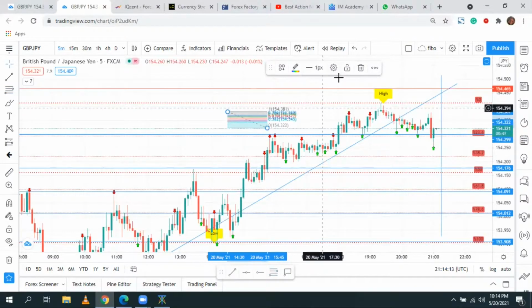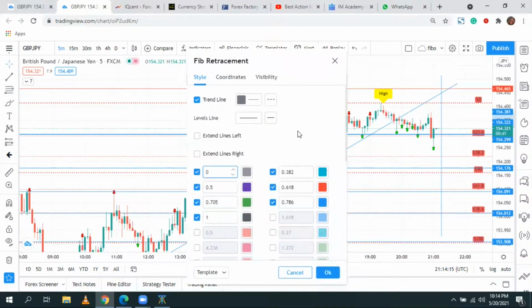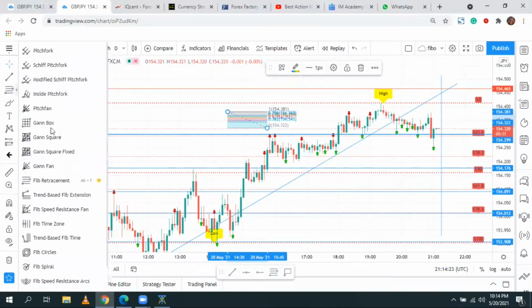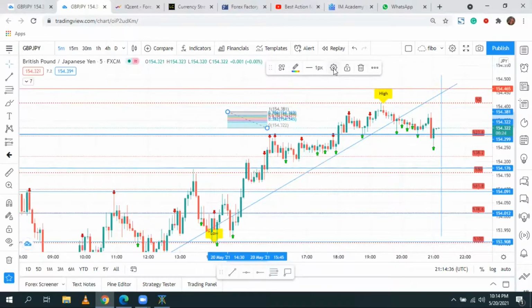I want to show you the settings of the Fibonacci I use. If you press this tool here, it's called the Fib retracement. It will be part of your tools down here. Once you choose the Fib retracement, you come to the settings.